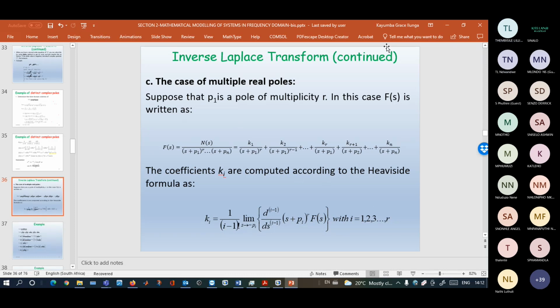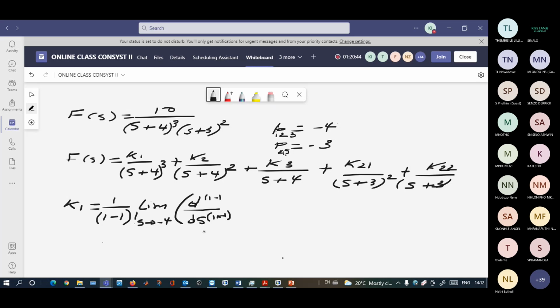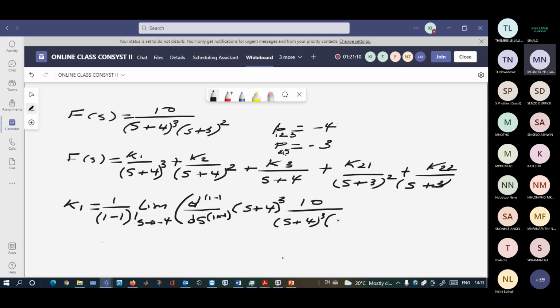So this is going to be (s plus 4) power 3 times F(s), which is equal to 10 over (s plus 4) power 3 times (s plus 3) power 2.